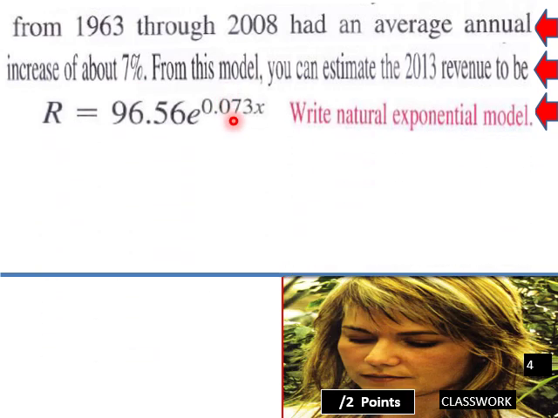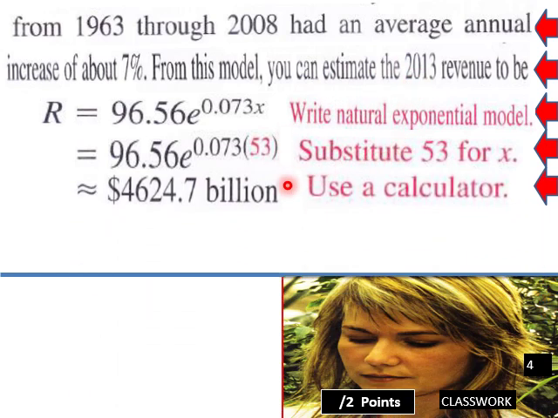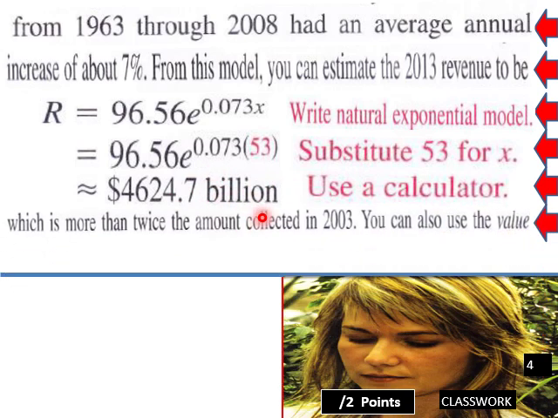From this model you can estimate the 2013 revenue, again using that, and then we plug in 53 here for 2013. Substitute 53 for x, and we get this number here, which is more than twice the amount collected in 2003.